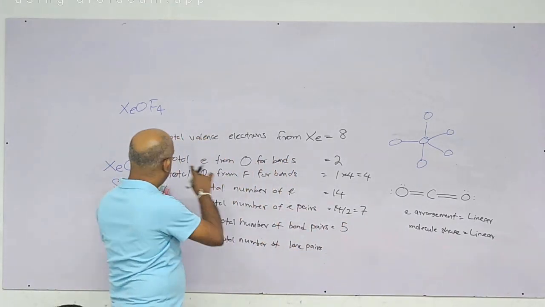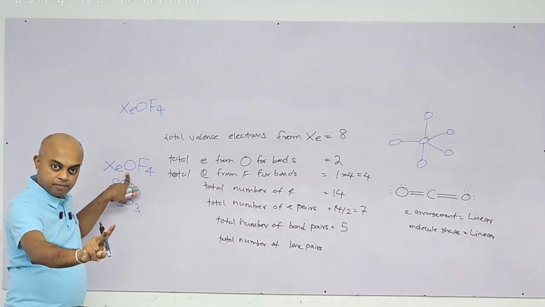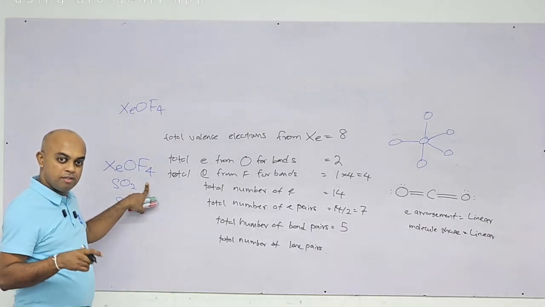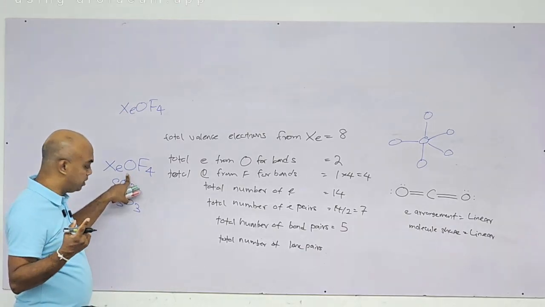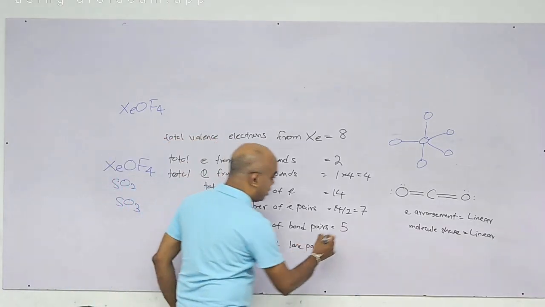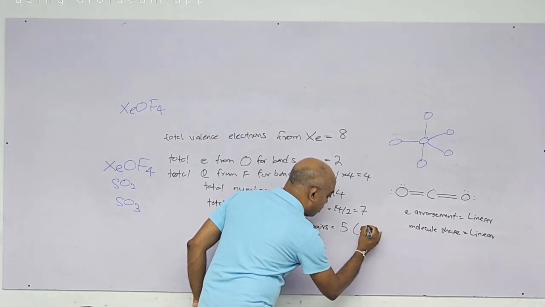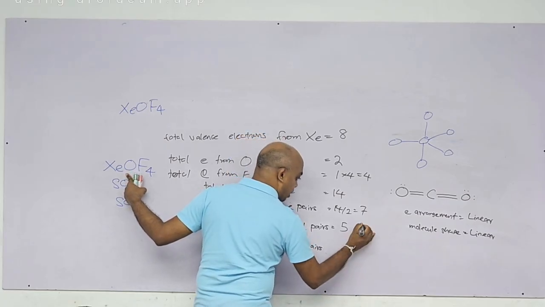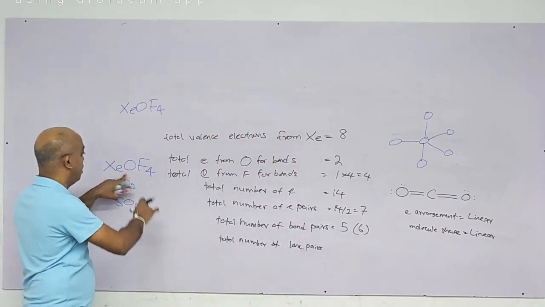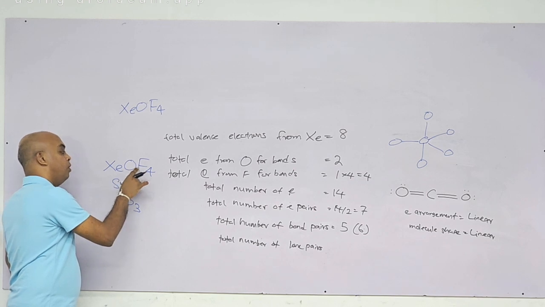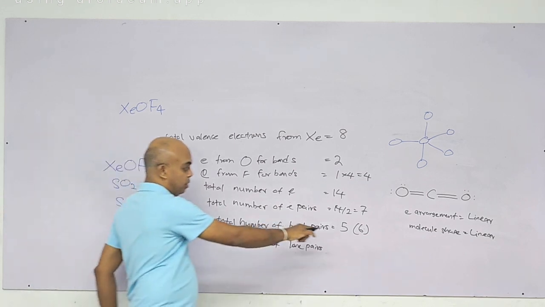But oxygen is consuming 2 and fluorine is consuming 1 each. So the consumption is not 5, but 6, because 4 from fluorine and 2 from oxygen, 2 plus 4, 6. 6 will be consumed.